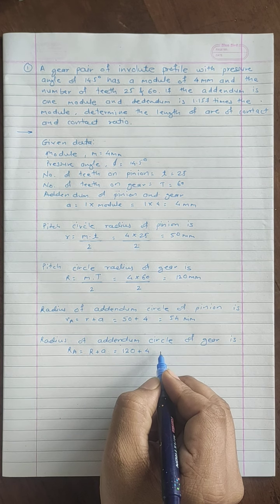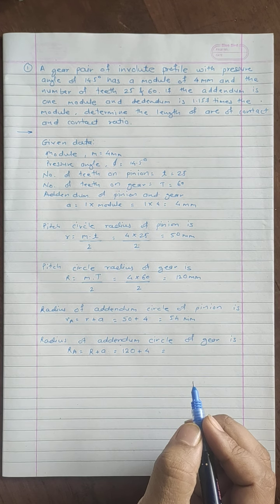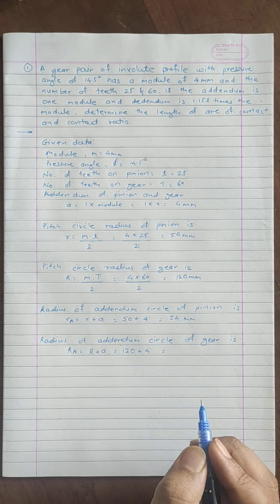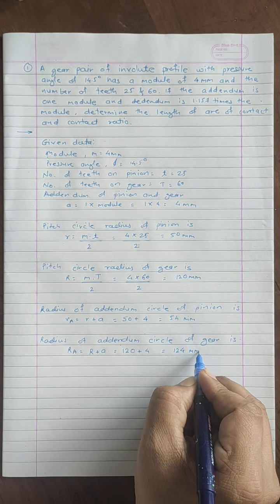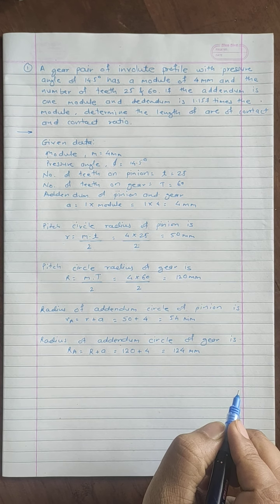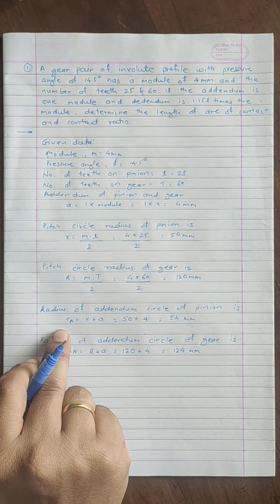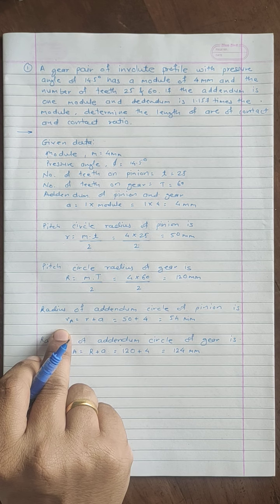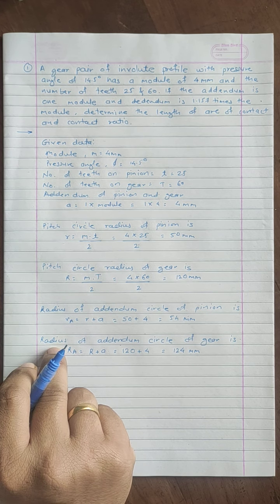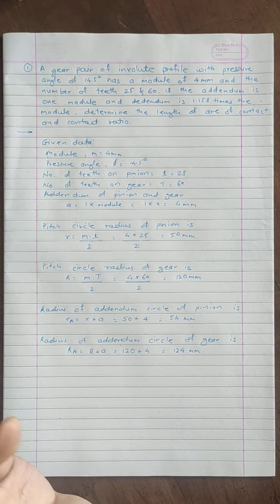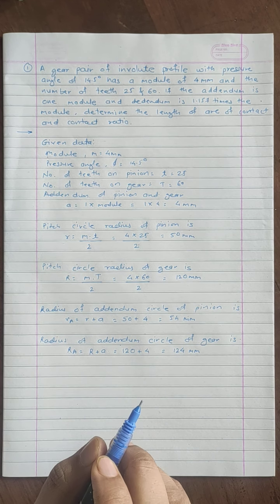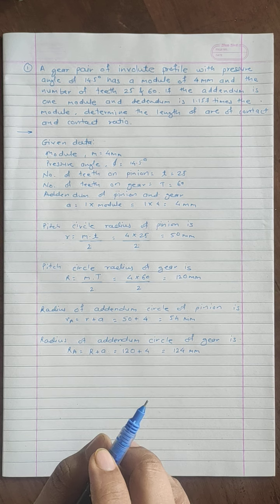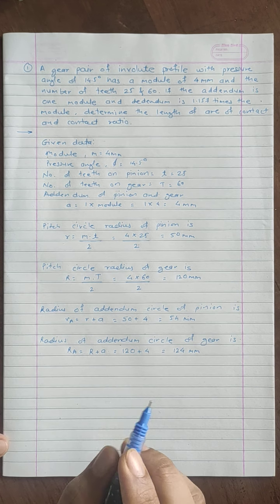So 120 plus 4, and if you do the addition, the total will be 124 mm, isn't it? Now we have got the radius of the addendum circle of pinion and the radius of the addendum circle of gear, both we have.